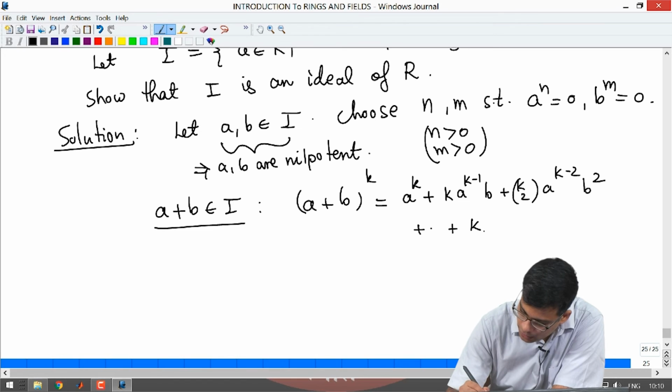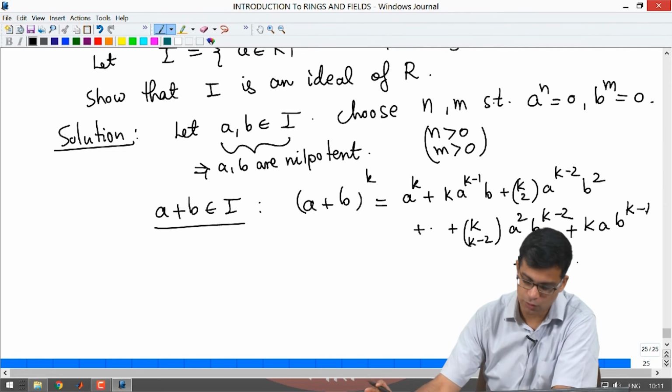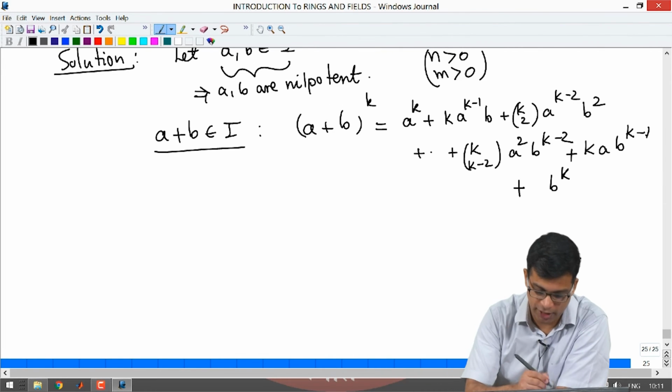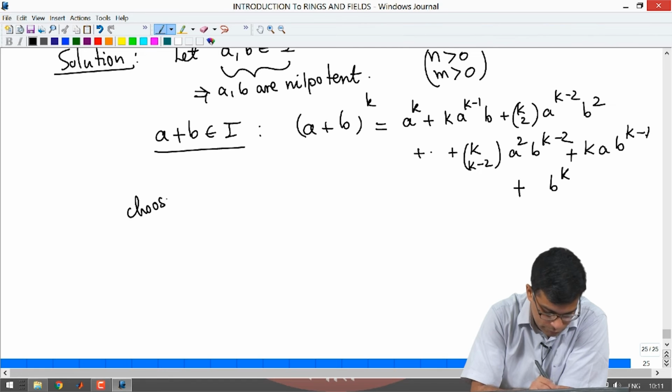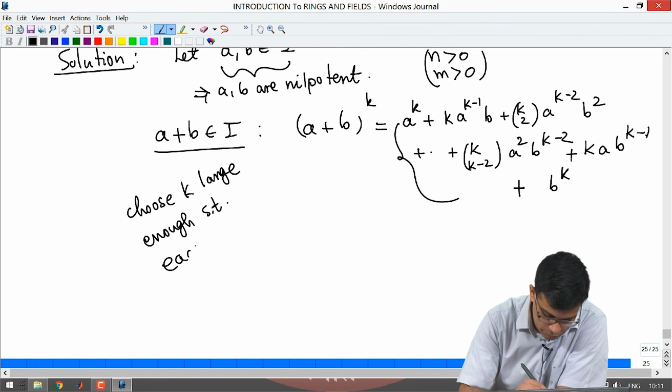You will have k choose k minus 2 A squared b power k minus 2 plus k A b power k minus 1, finally b power k, right. This is what it would be. So, can we choose k large enough such that each term here is 0.